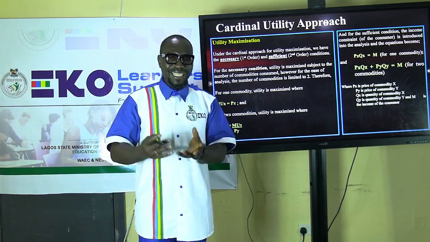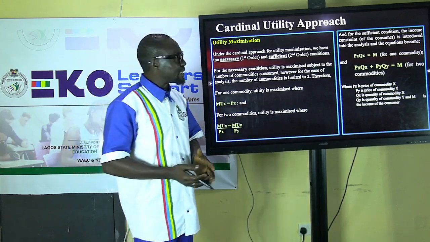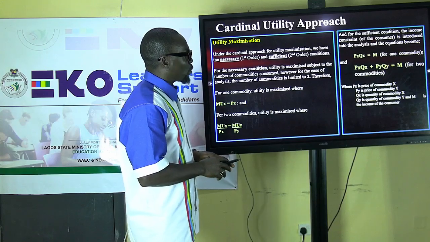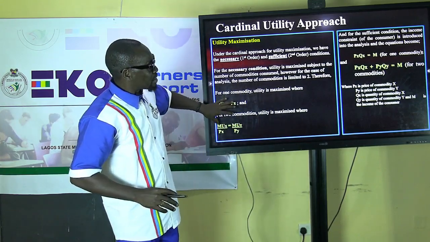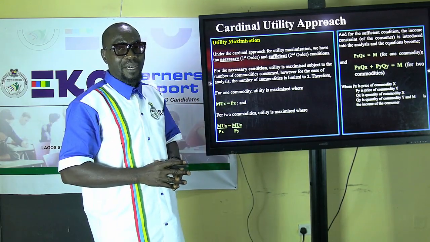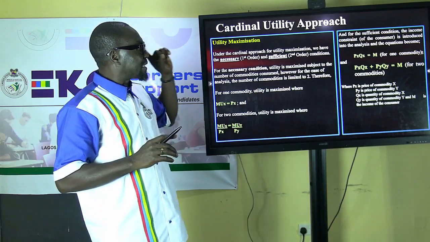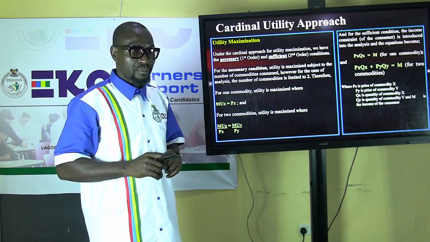But consumption cannot be infinite. It is limited by a factor, in this case, income. So, when income is introduced into these equations, what you have is that the price multiplied by the quantity of the product in a single commodity case is equal to the income.